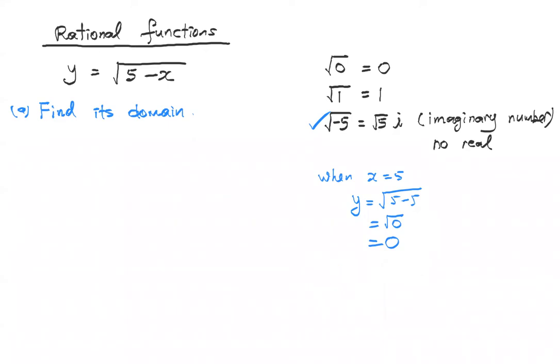So instead of saying 5 minus x cannot be less than 0, that is very difficult to solve the problem, correct? If you say 5 minus x cannot be less than 0, then how are you going to solve?